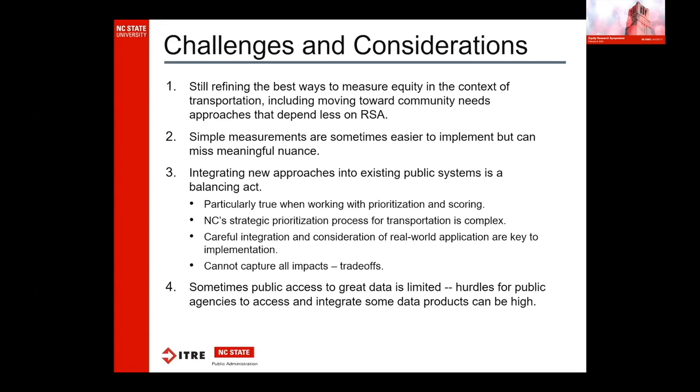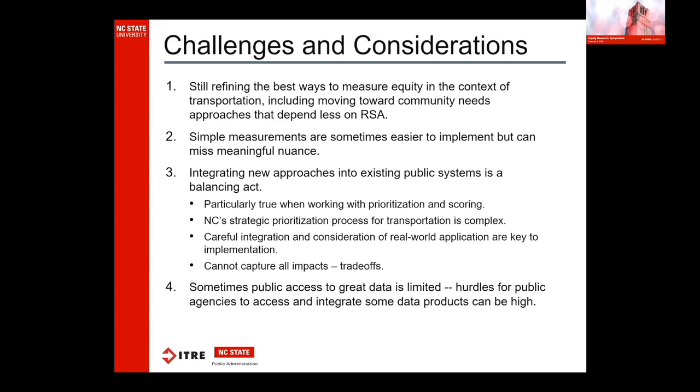As a last data point, sometimes public access to really good data is limited. This dovetails nicely with larger conversations in the open science community. Our partners may not have access to the same data that we do. That's true for both NCDOT and other partners that we will work with as this project and others like it evolve.